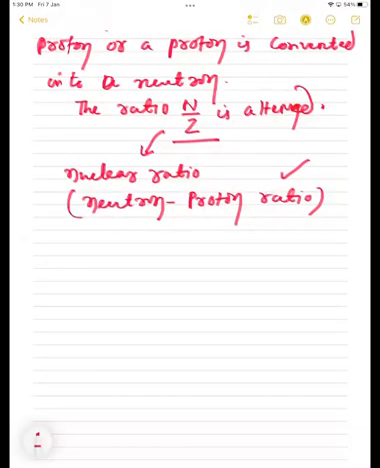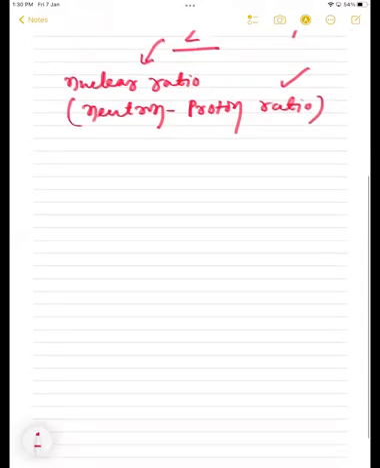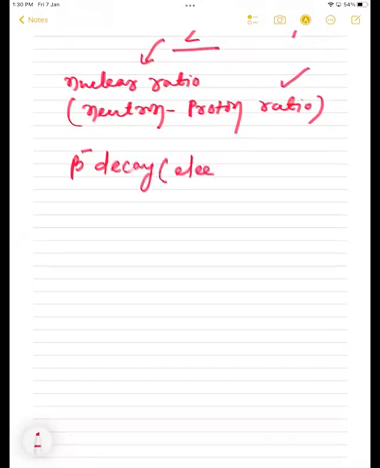So there are three modes of decay. The change in atomic number can be due to an electron being emitted, or a positron being emitted, or an electron being captured. So depending upon the modes of decay, beta decay is classified. Beta minus decay: there is electron emission.